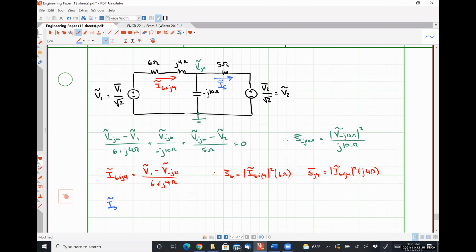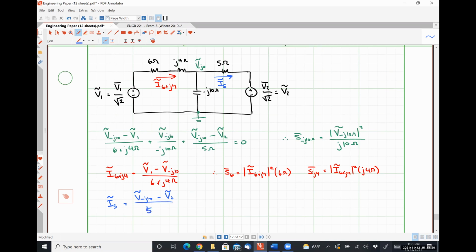I5 is just V minus J10 minus V2 over 5 ohms, which means that S5 is the magnitude of I5 squared times 5 ohms.